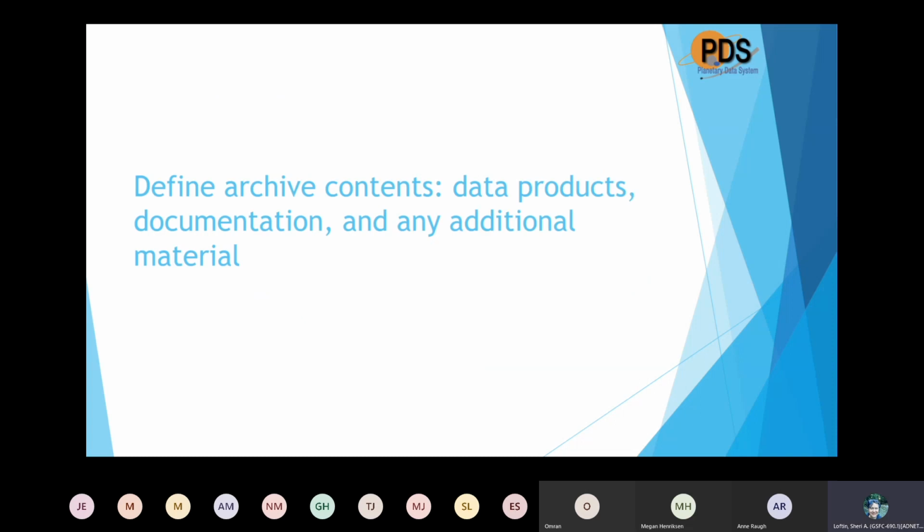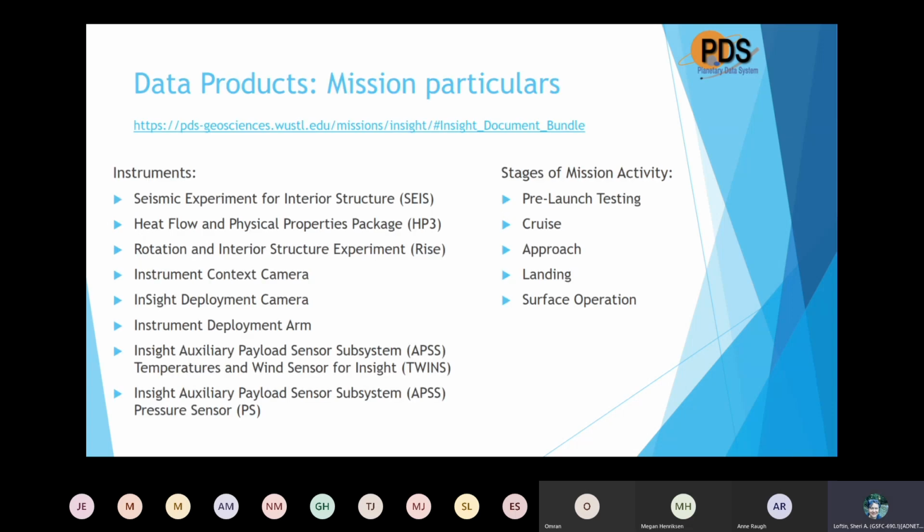Okay, so that first step, like we said, was to define your archive contents. This is your data products, your documentation. This also includes your data dictionaries. All of this, again, completed with the help of node personnel. All right, so one of the things is choosing how you're going to organize your data and what you're going to archive.